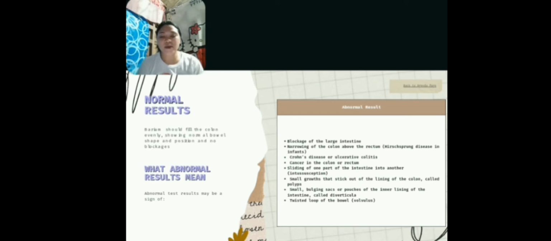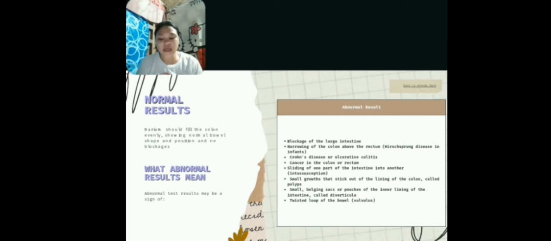So these are the normal results. The barium should fill the colon evenly, showing normal bowel shape and positions, and no blockage.